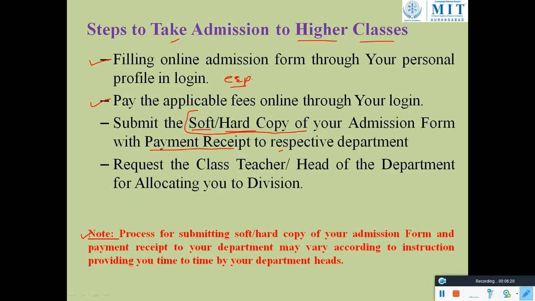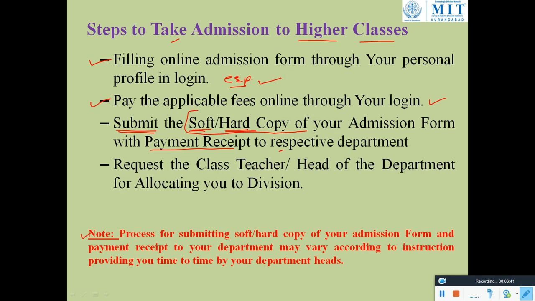So these two documents will be ready by you according to the instructions provided at the different department levels, and you need to submit both documents, either as a soft copy or hard copy, with the different modes of communication to your respective department.